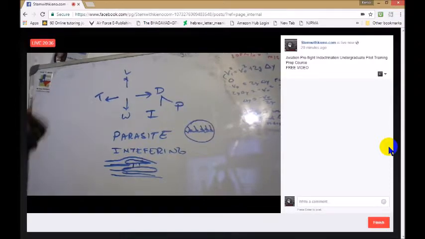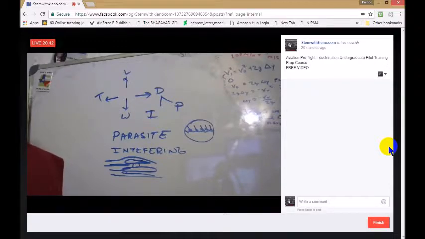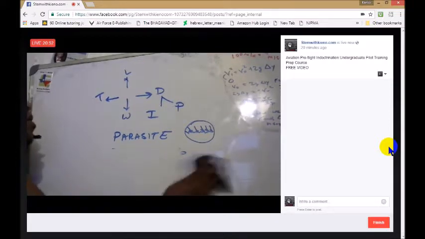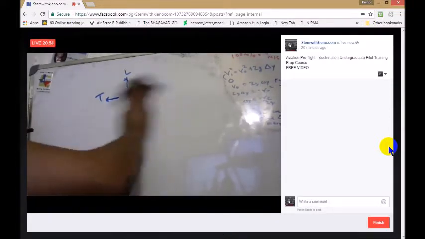So skin friction, interference, and form drag are the three subcomponents of parasite drag that you should be familiar with before you go to undergraduate pilot training or API.